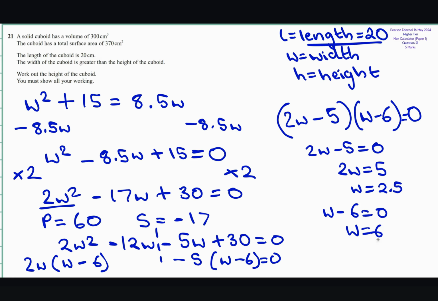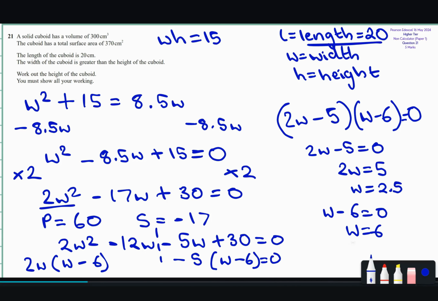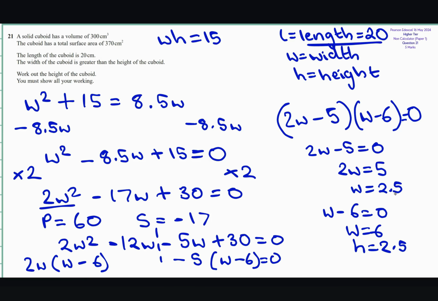So if W equals 6, and as we knew from before, W times H equals 15, that means H is equal to 2.5, because 2.5 times 6 equals 15. But if W equals 2.5, that means H equals 6. So how do we know which one's correct?